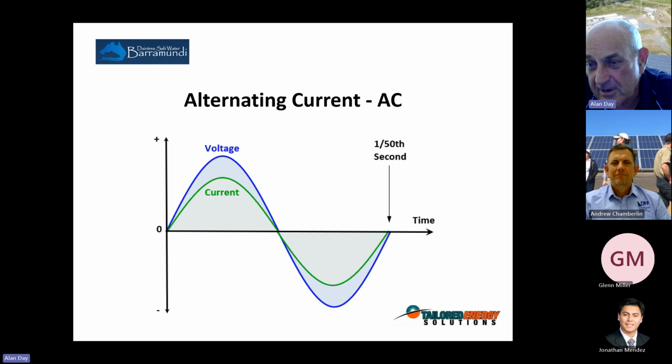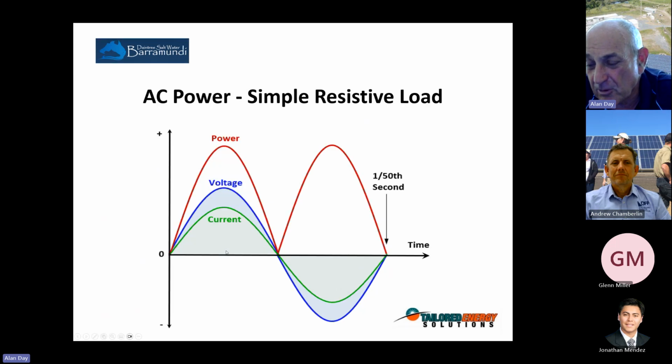The reason is actually simple mathematics. This is where mathematical theory can be shown to actually be real. If you remember back to your days of doing a bit of maths, when you multiply two positives, you obviously get a positive, but also when you multiply two negatives, you get a positive. So while the voltage and current are going through this positive negative cycle, power is always positive.